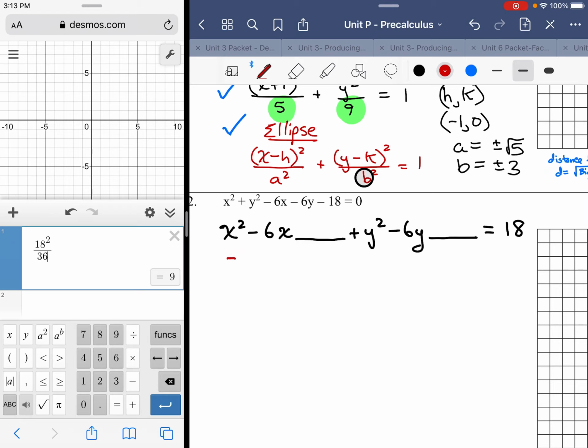So negative 6 squared divided by 4 times 1 is going to be 9, so I'm adding 9 to both sides. It's the same b value for the y term, so it's going to be the same set of computations, so no change there.